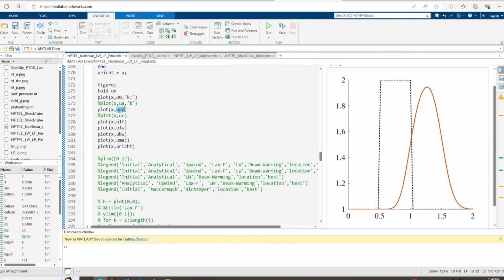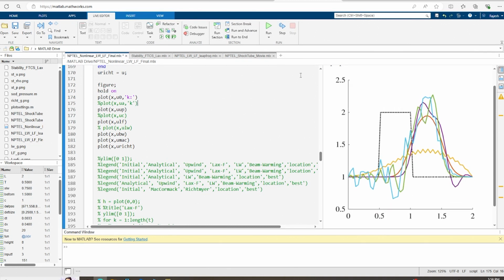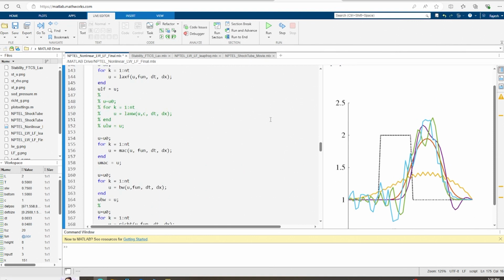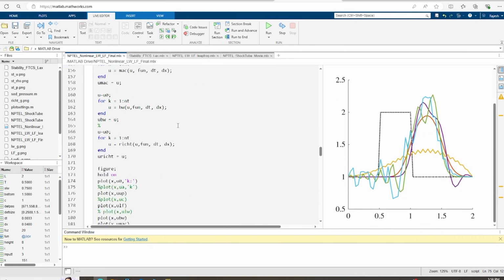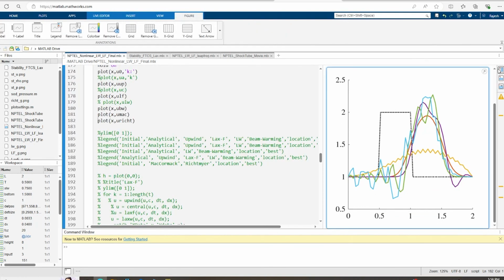I have the upwind scheme, Lax-Friedrichs scheme, Lax-Wendroff scheme, Beam-Warming, McCormack and Richtmyer. But I think I have not coded for all of them. So, let me just do this. I think the grid is very coarse. I have used only 51 points, NX is just 51, but this is how the different codes behave.